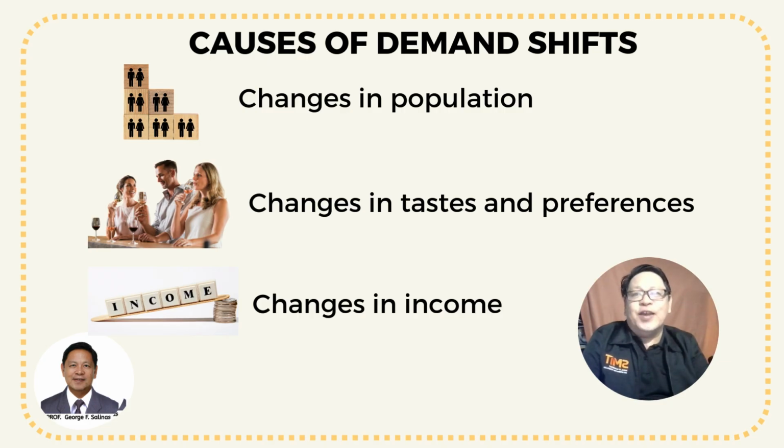The second factor is the changes in tastes and preferences. Shifts in trends, advertising, or awareness can increase or decrease demand for a product at any given price. And lastly, the changes in income. As consumer income changes, their demand for normal and inferior goods shifts.